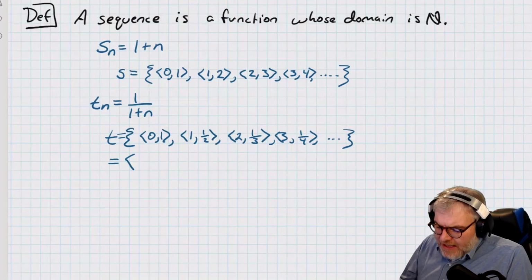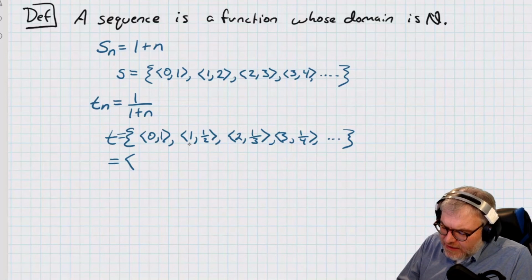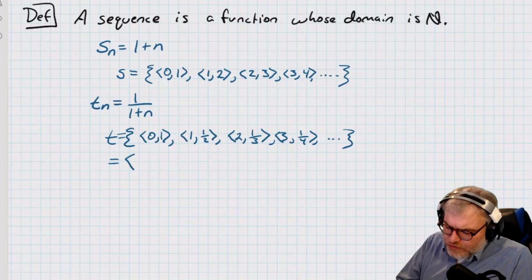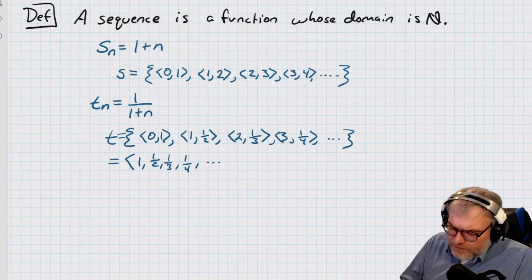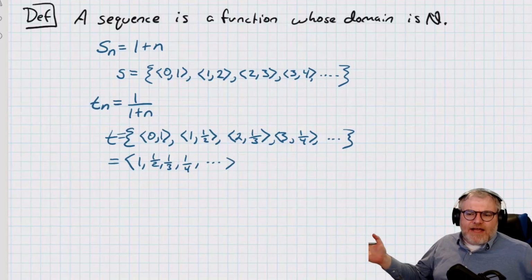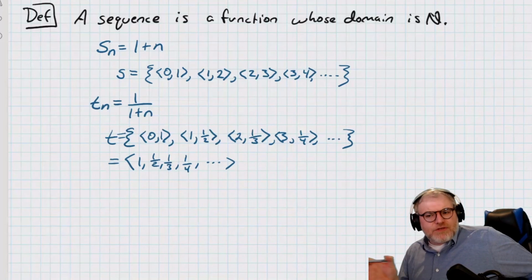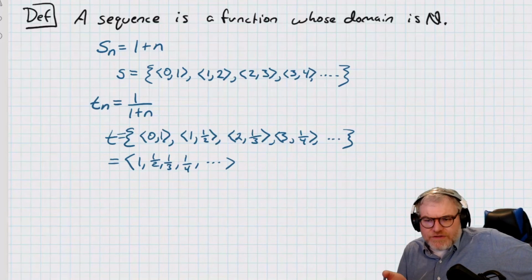Okay, so just like we had an ordered pair, I just write the y values here as a tuple: 1, 1/2, 1/3, 1/4, and so on and so on and so forth. And I just write the y values. So sequences have some special notations, but they're really just functions, where the domain is a natural number.